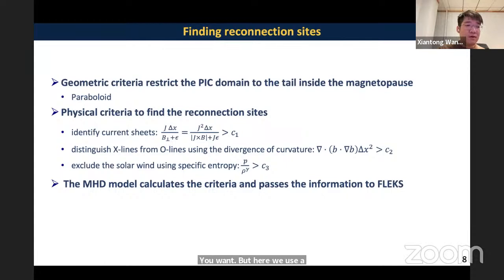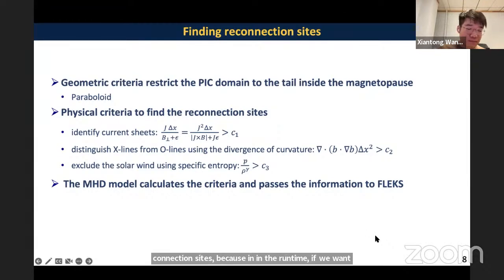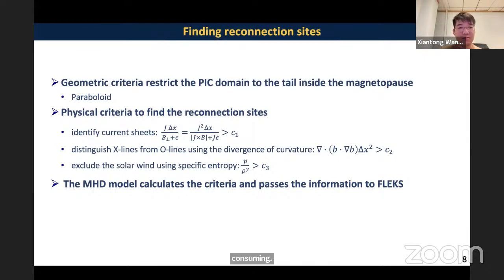We also use physical criteria to find the reconnection sites, because at runtime, if you want to identify the reconnection region, tracing the field line and finding the magnetic null point is very time consuming. So we calculate these features from the MHD simulation results and give them to the PIC model to decide where we should use the kinetic physics.